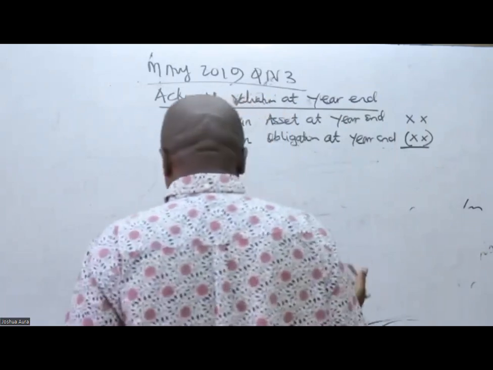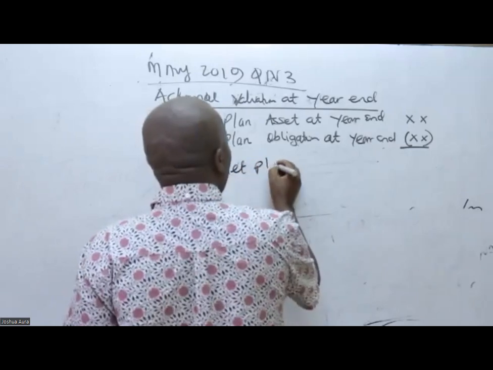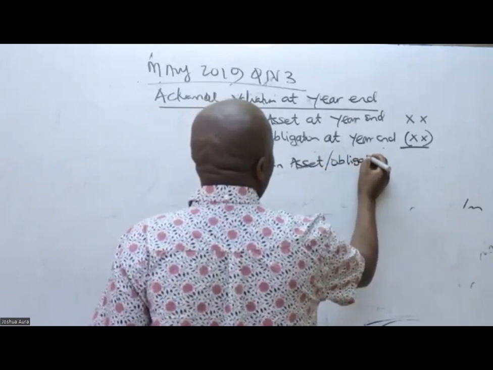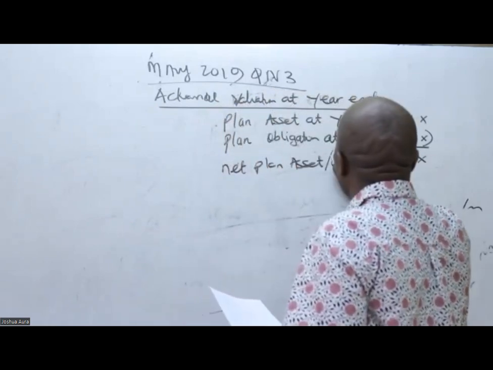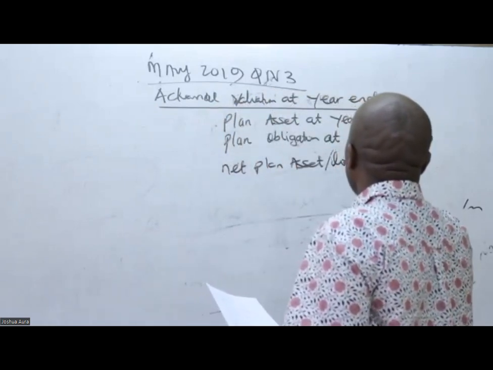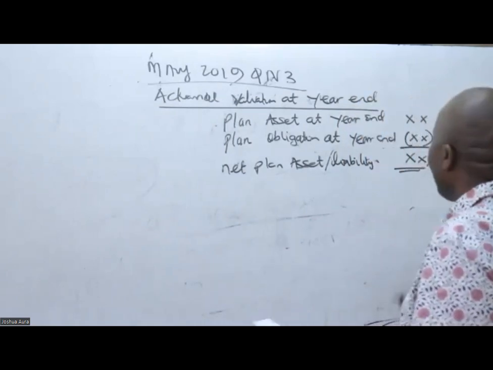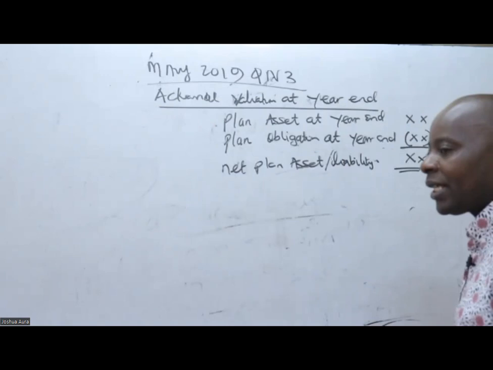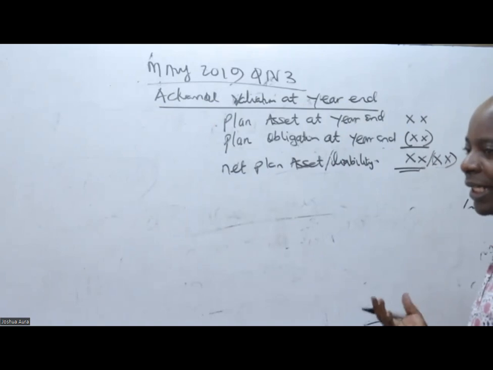So when you subtract, ladies and gentlemen, automatically you'll get your net plan asset, or net obligation, or net liability, call it net liability, which will go to the statement of financial position, either as a non-current asset or a non-current liability.